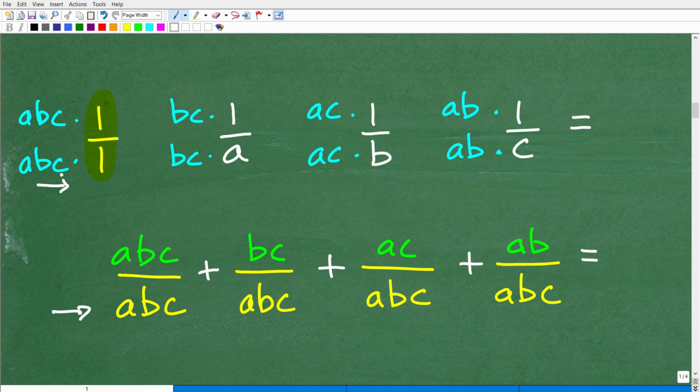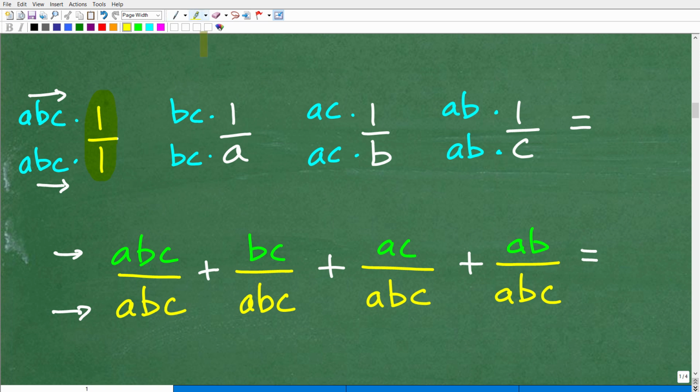Let's just multiply it by ABC. ABC times 1 is going to be ABC. But if I multiply the denominator by ABC, I also have to multiply the numerator by ABC. So 1 over 1 is going to be ABC over ABC, and anything divided by itself is 1. So all we're doing is rewriting this fraction a different way, but the fractions are equivalent.